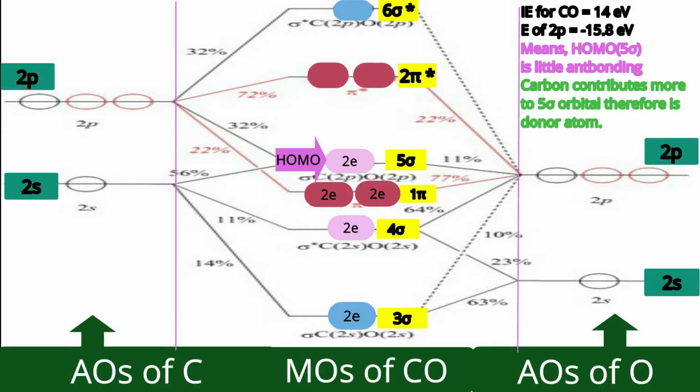Only for the 2p orbital of carbon is it bonding. But the net result is anti-bonding. Because of the removal of an electron from 5 sigma, the bond order partially increases, causing a decrease in the bond length. This explanation would not have been possible without consideration of the symmetry approach.